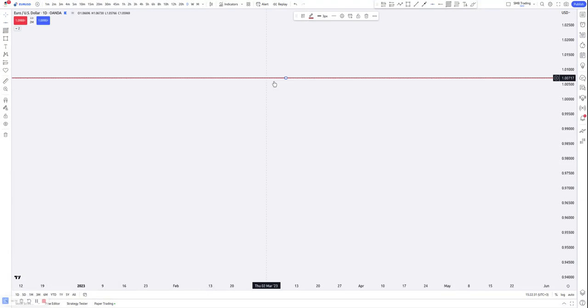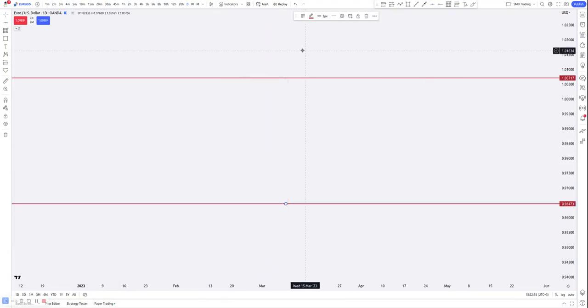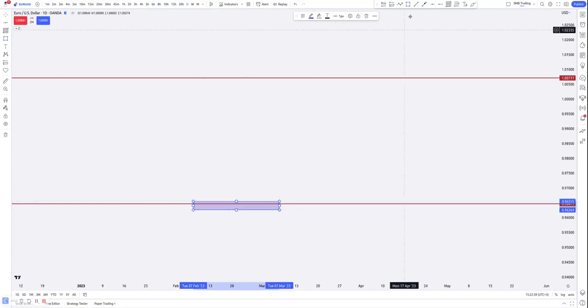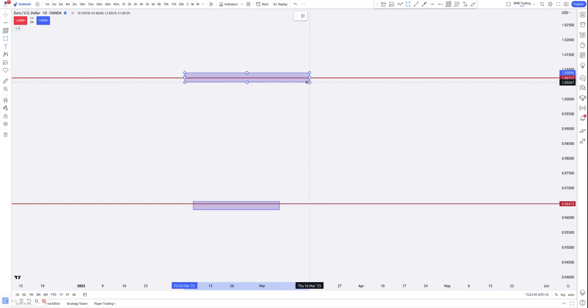So if you remember what I shared previously, I said that we have a floor and then we have a ceiling, right?